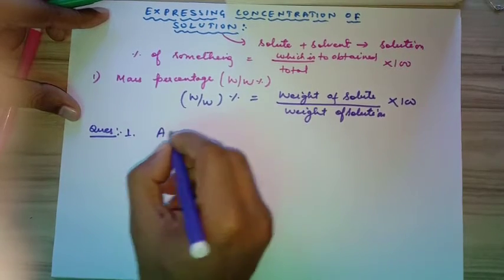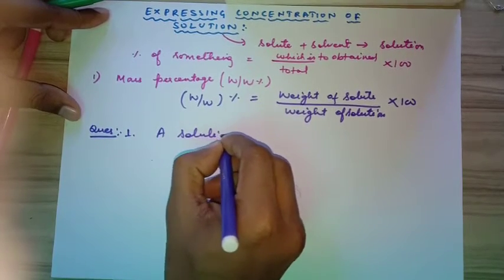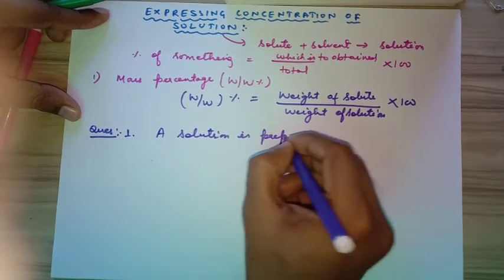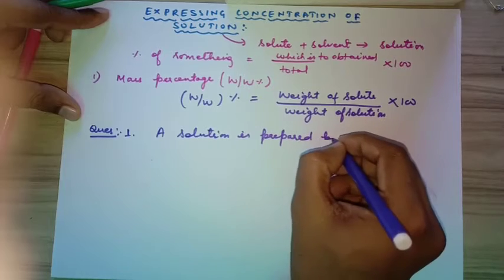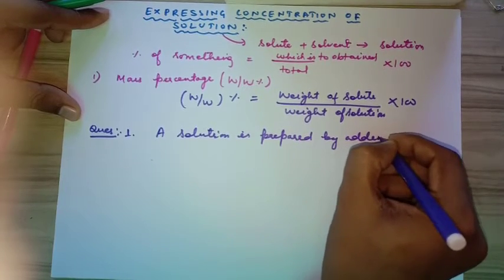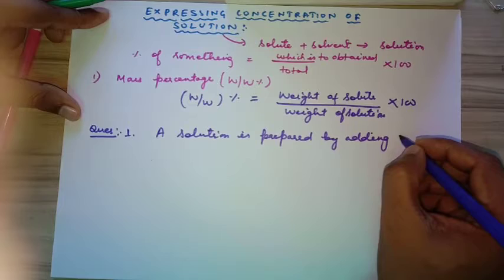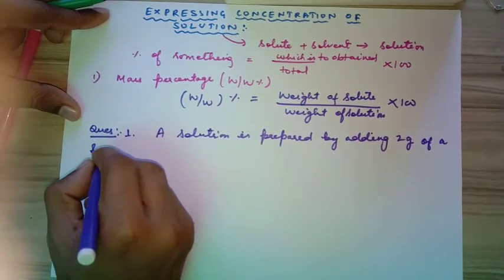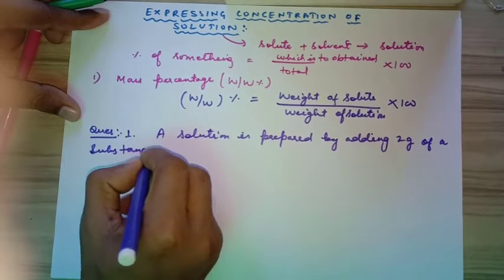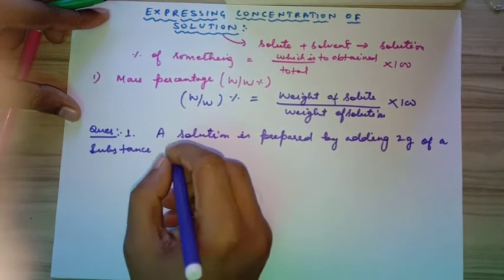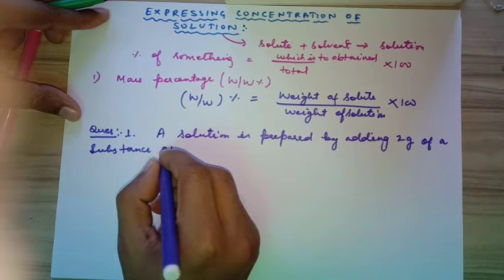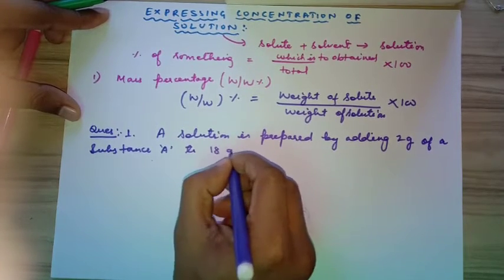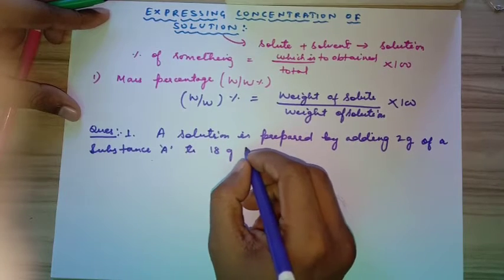So the question is, a solution is prepared by adding 2 gram of a substance A to 18 gram of water.